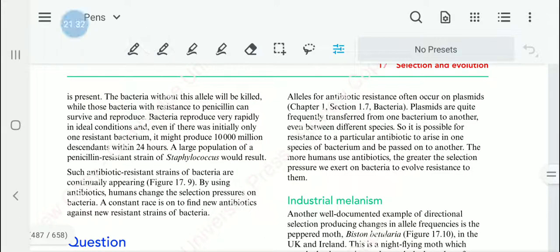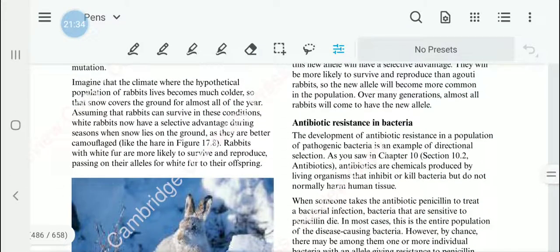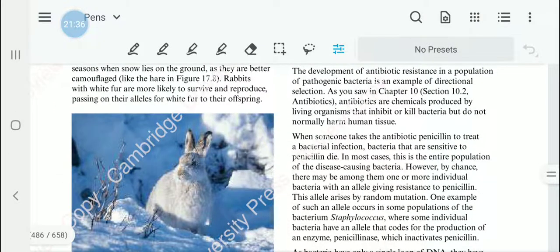Write down a note on this. Antibiotic resistance in bacteria. When pathogenic bacteria develop resistance to antibiotics, it results in a directional selection.